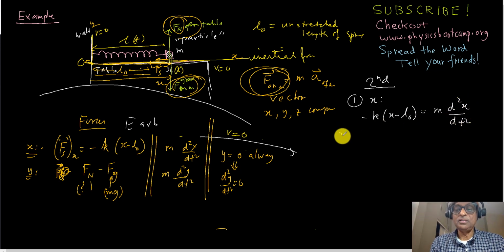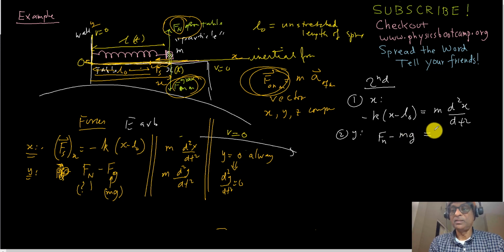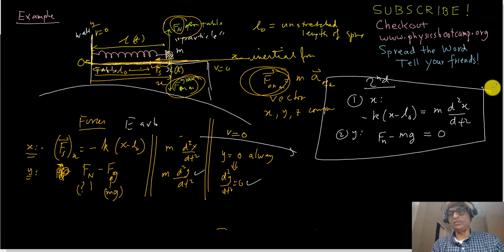And the second equation, along the y-axis, is Fn, the normal force from the table, minus mg equal to 0. So these are two equations, and then of course you have to solve them. These are now math equations, they have to be solved.